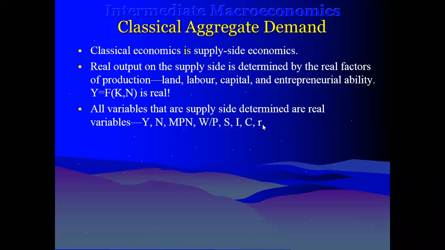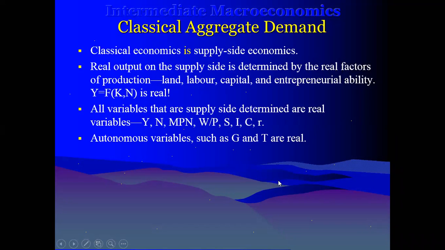Because they are supply side determined, they are all real variables. And then these two, government expenditure and tax, though they are autonomous in this model, are also real, which means that they can cause a change in any of these real variables.